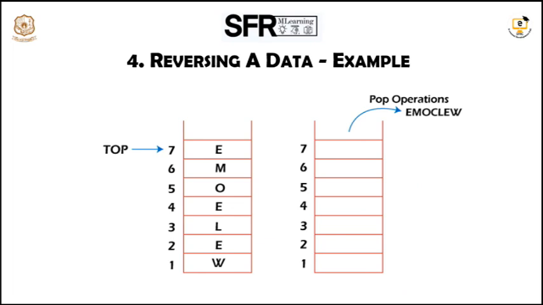Then it is popped one by one from the stack. If it is popped, the output string is EMOCLEW. So likewise the given data can be pushed one by one to the stack and popped one by one from the stack. If it is done, the given data will be automatically reversed.